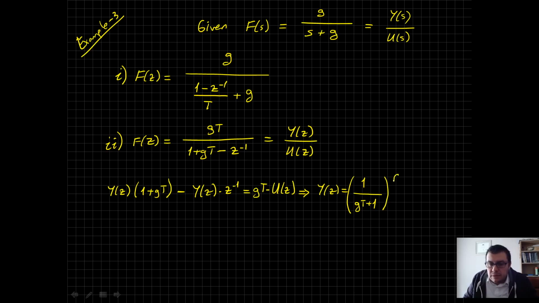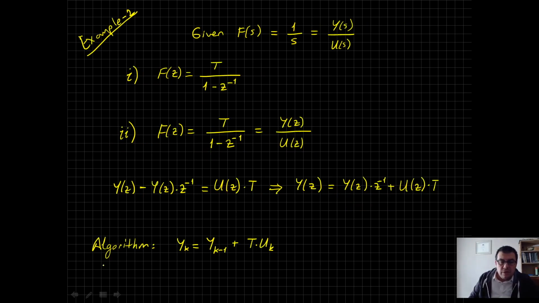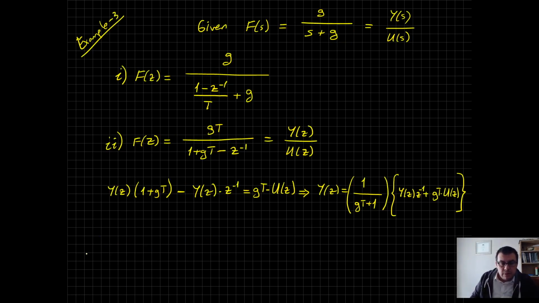Okay, I'm sorry. So let's write it here. Times, what do we have? Gt u of z plus y of z times z^-1. So this is y of z z^-1 plus gt times u of z. That's our recursion. And from here, we can finally come up with the algorithm. So the algorithm for low-pass filtering is this.